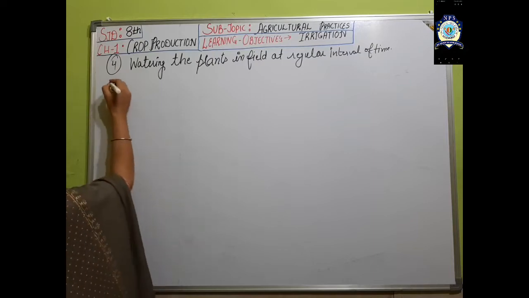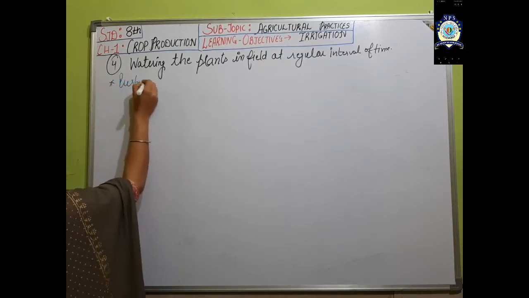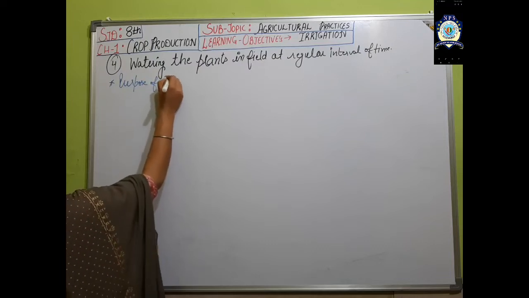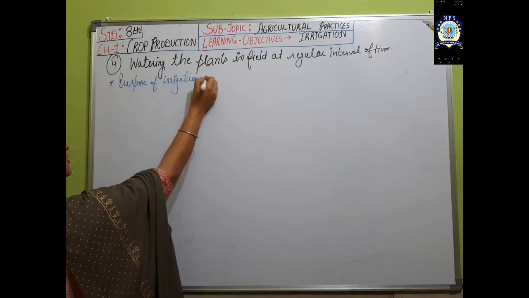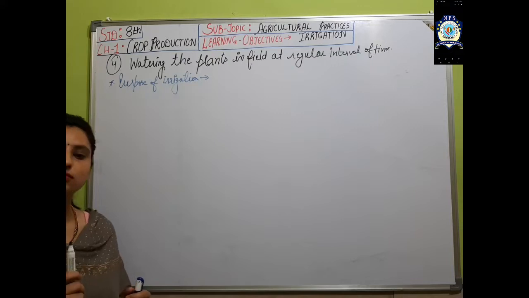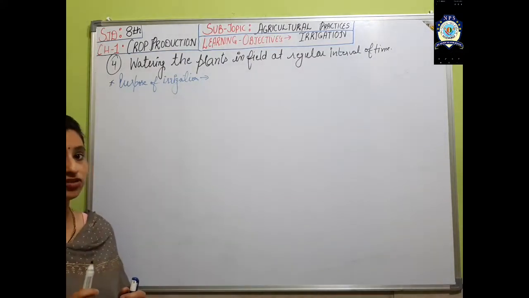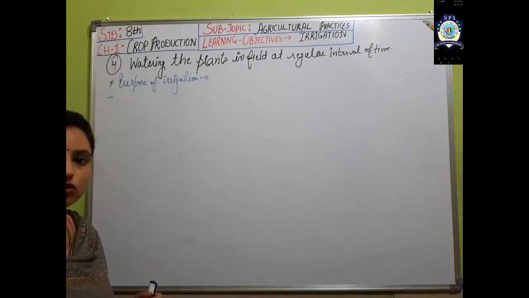So the first main point is the purpose of irrigation. The first and foremost thing for which irrigation is required is that every plant has to do physiological activities.